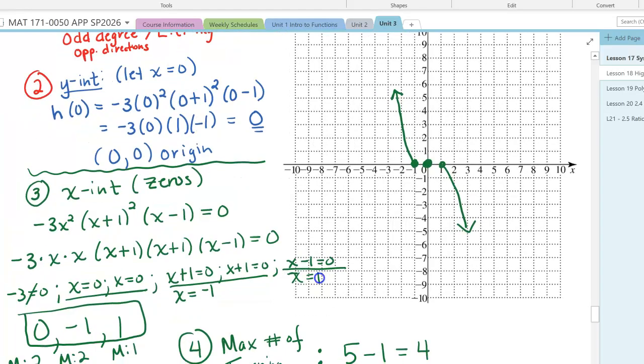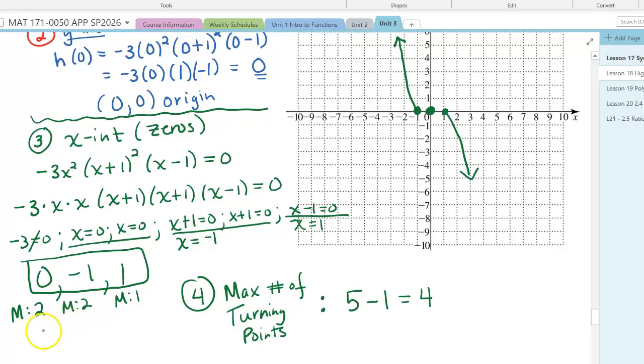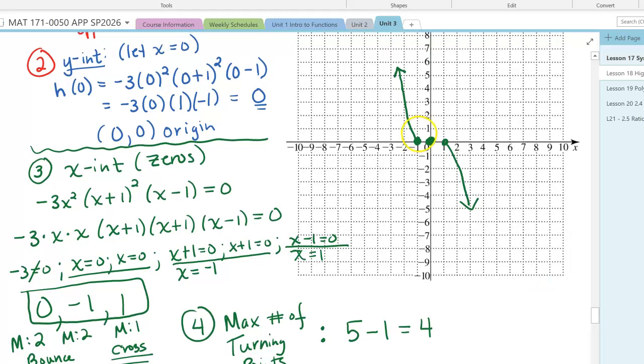Now I know that at negative 1, since the multiplicity is 2, it's going to bounce, and then it's going to cross at 1 because 1 is an odd multiplicity. So it's going to bounce off at negative 1, bounce off at 0, but then cross at 1.